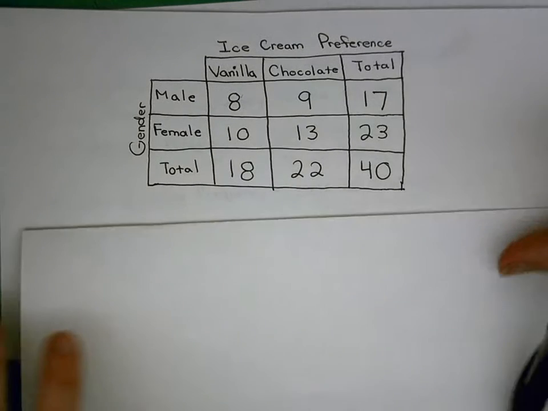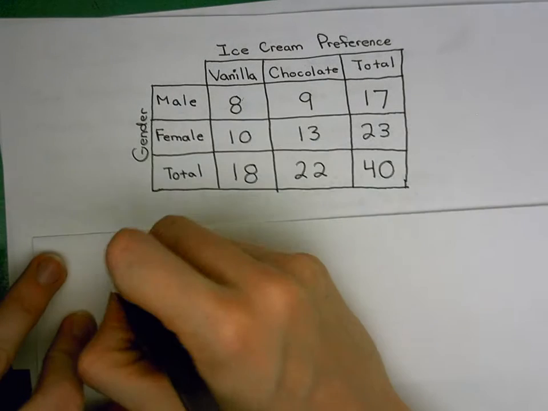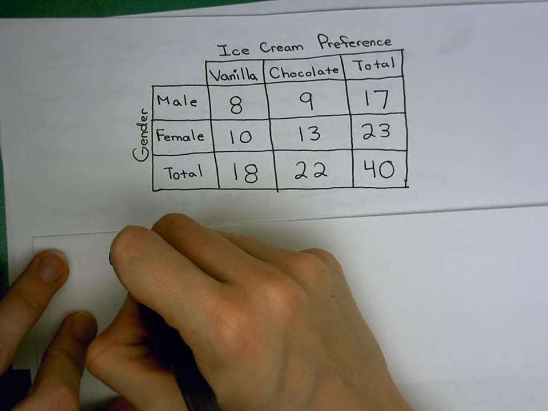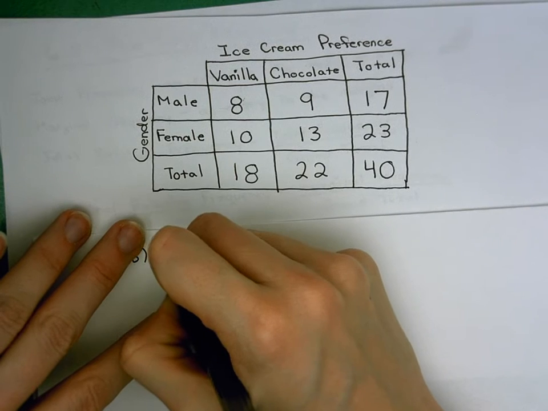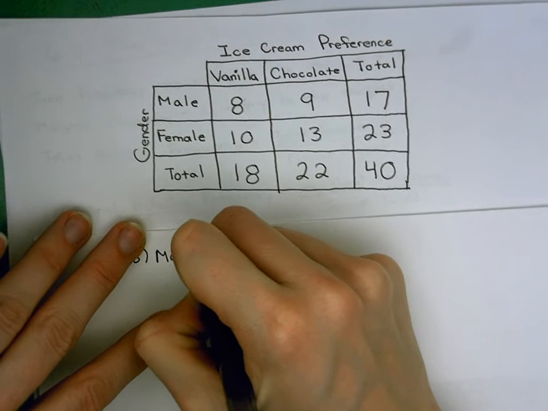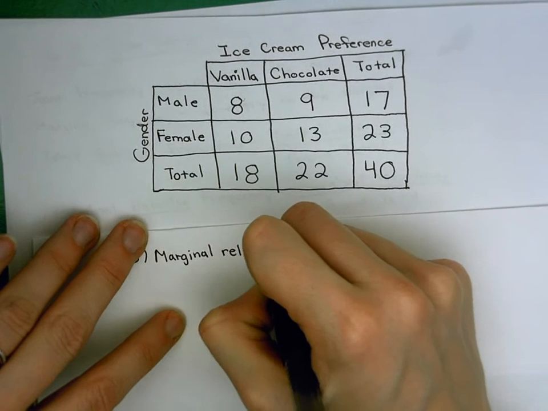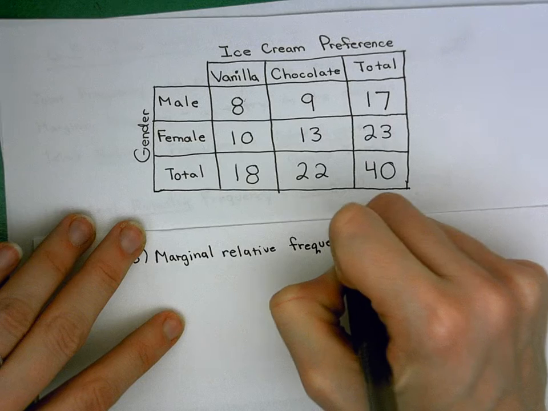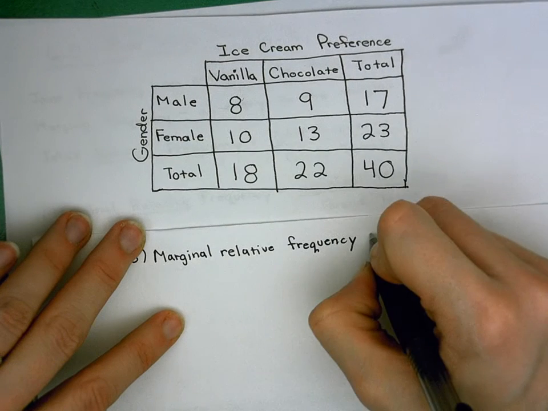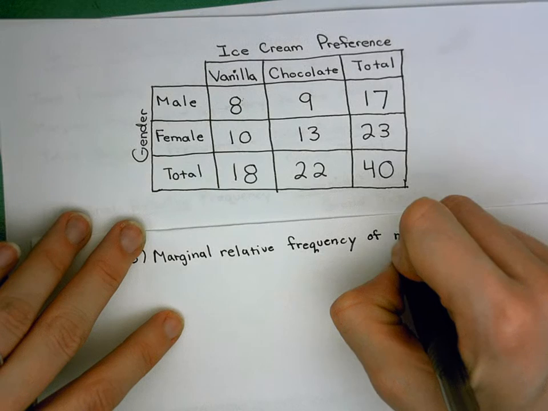Okay, let's go ahead and take a look at a couple of relatives here. Example 3. What is the marginal relative frequency of males? As soon as you see that word relative, you should be thinking we're doing some sort of fraction here.